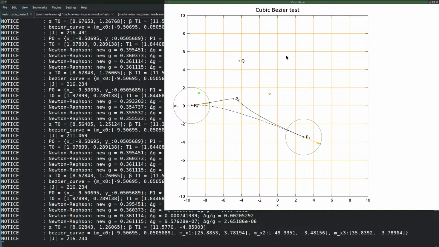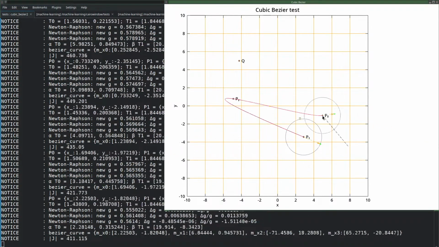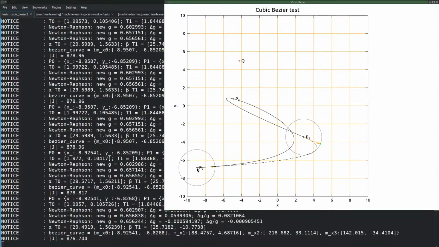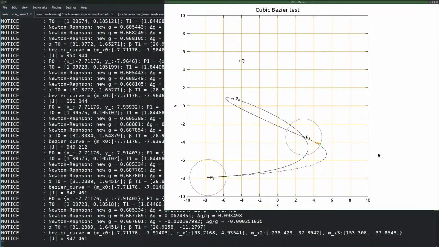Hmm. Sure. Look, it's going through P1 twice.